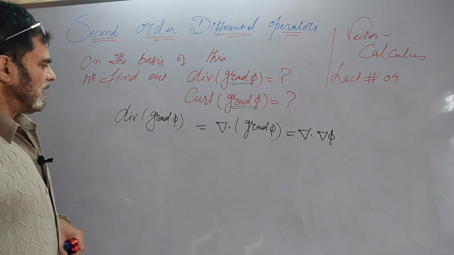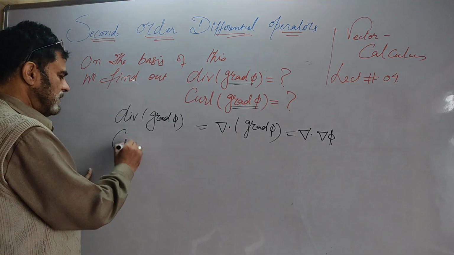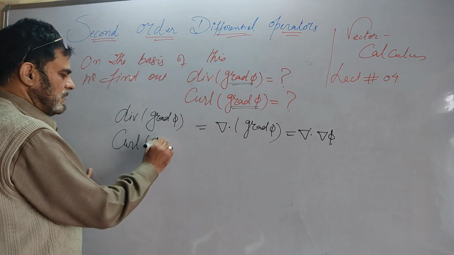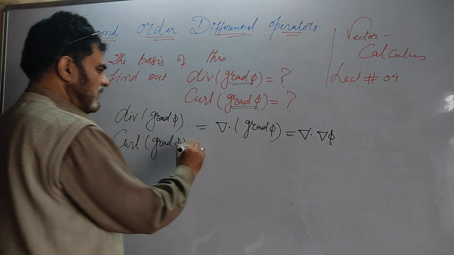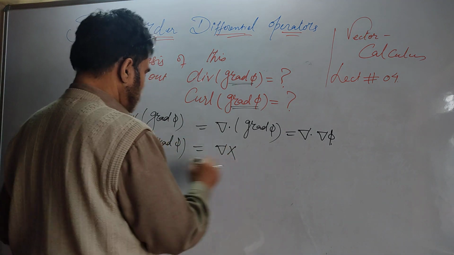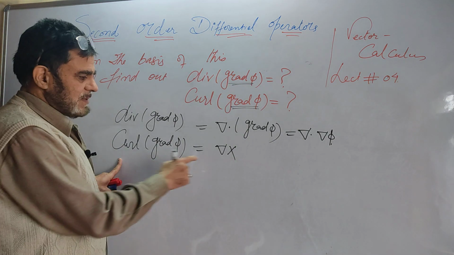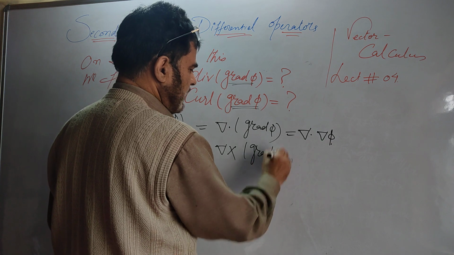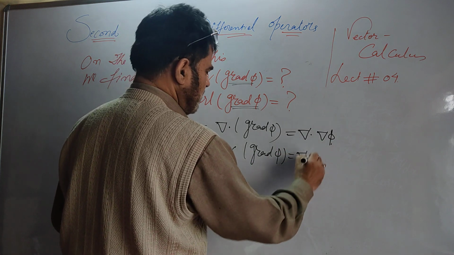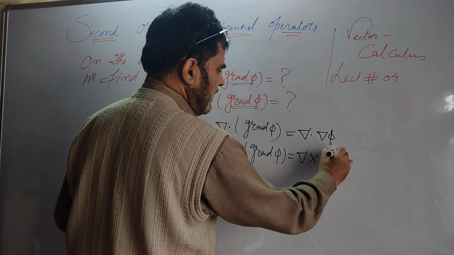Then you find the curl of gradient of phi. The character of curl is del cross, so this is del cross gradient of phi. What is this? Del cross again del phi.